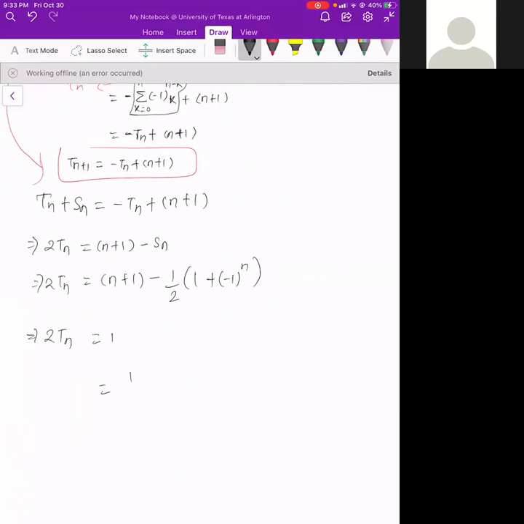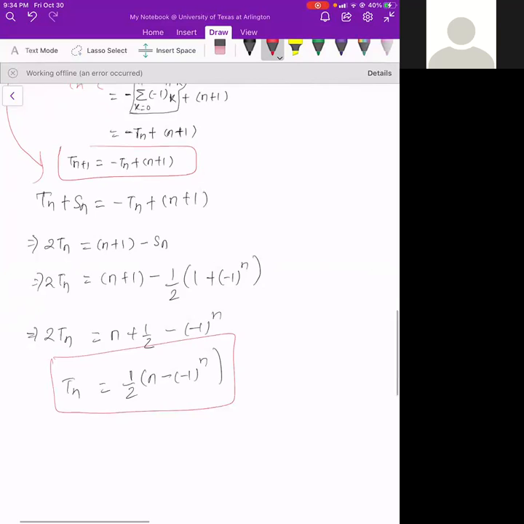So this thing is actually n, 1 minus 1/2 is going to be this 1/2, and then that's just going to give me negative minus 1 to the power n, and this is just going to come out to be minus 1/2 n minus 1 to the power n. So this is our Tn.